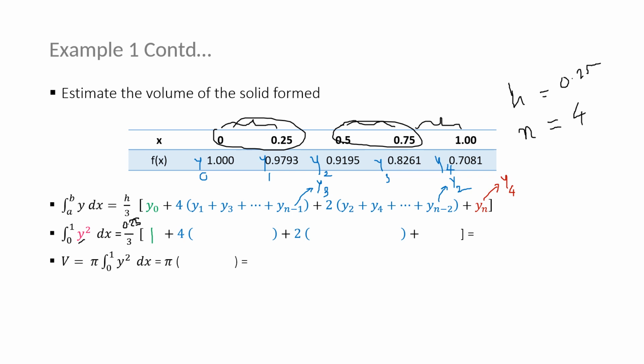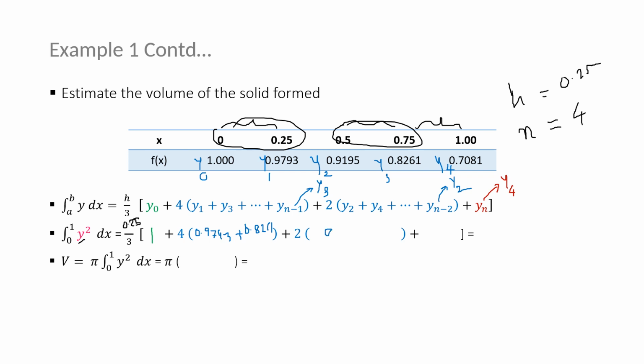So y1 is 0.9793 plus y3 is 0.81, plus 2 into y2, only one term in the second blue colored bracket.